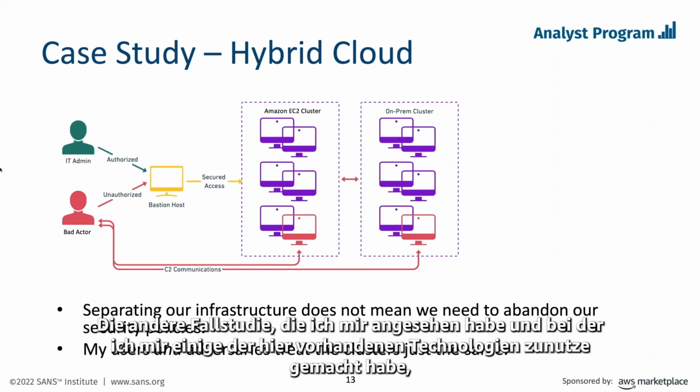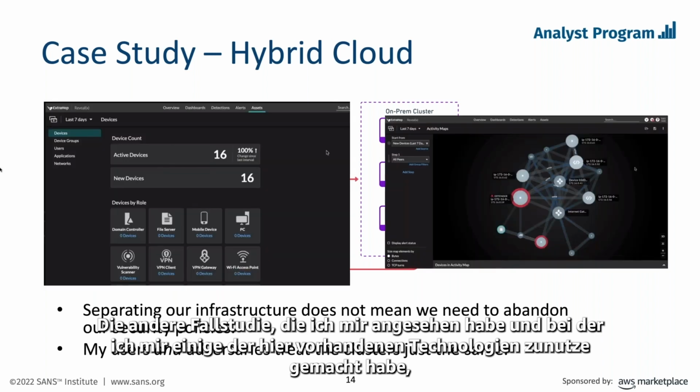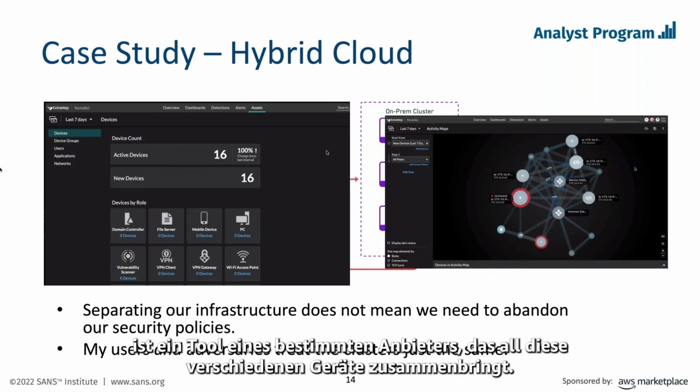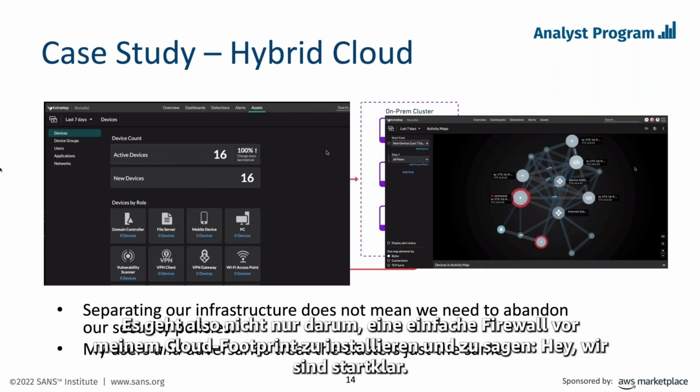So the other case study that I looked at, and I took advantage of some of the technologies in place here, is I took a look at a tool, and we're looking at a particular vendor's tooling here that actually brings all of these different devices in together. So going beyond just deploying a simple firewall in front of my cloud footprint and saying, hey, we're good to go, we're done.